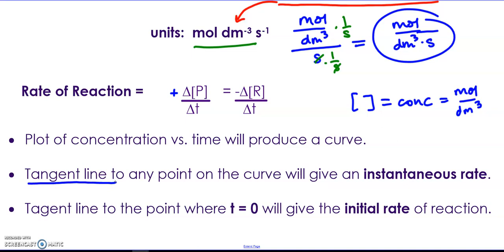If you draw a tangent line to any point on that curve, at that particular time, you get what's called an instantaneous rate. So, what is the rate at t equals however many seconds? A tangent line at t equals 0, the very beginning, when nothing has actually happened yet, gives you your initial rate, the starting speed.